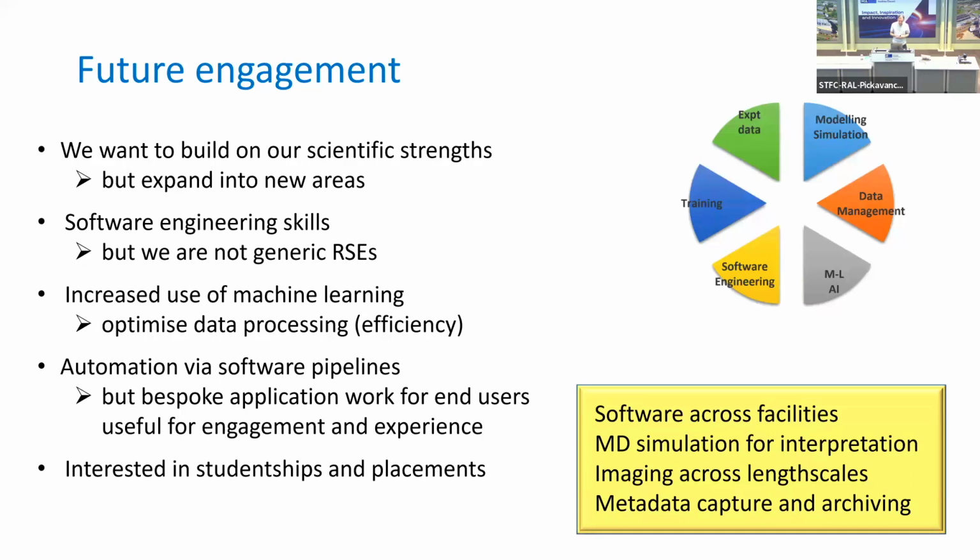We have been using machine learning, and that's certainly something we want to build on and do more of. There's lots of machine learning which is basically object recognition, classification or denoising. I think there's also potential for looking at the data processing that's being done at the facilities and trying to learn what's a good experimental setup.